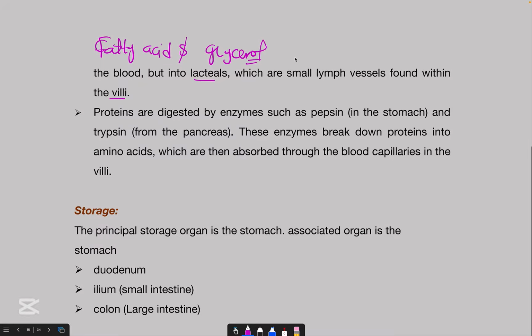They go into the lymph. Are you getting it? Proteins are digested by enzymes such as pepsin in the stomach and trypsin from the pancreas. This enzyme breaks down protein into amino acids, which are absorbed through the blood capillaries in the villi.